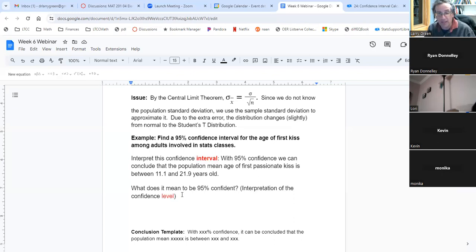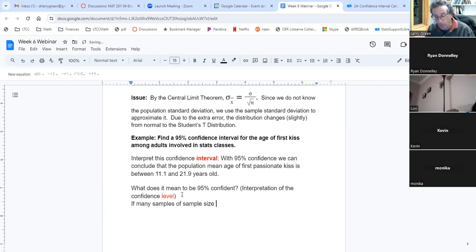So the way we can word this is the following. If many samples of sample size four, because remember our n was 4, are taken, then each one will result in a different confidence interval.